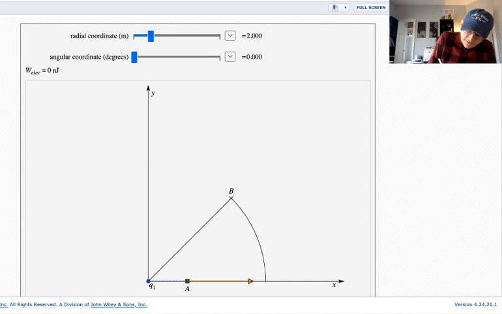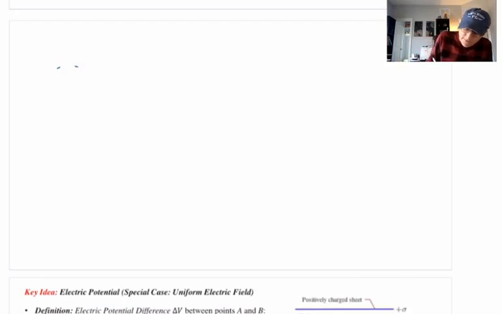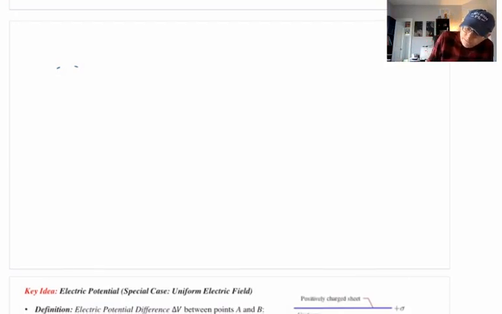All right, so let's introduce the concept of gravitational potential difference.